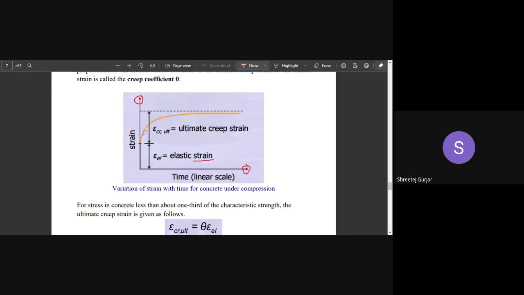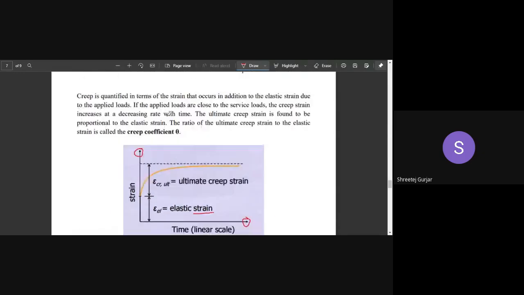After a certain amount of time, we can see this curve starting to increase, but the rate of increase is decreasing, right? So that is mentioned here. The creep strain increases with decreasing rate with time. What do we mean by decreasing rate with time?